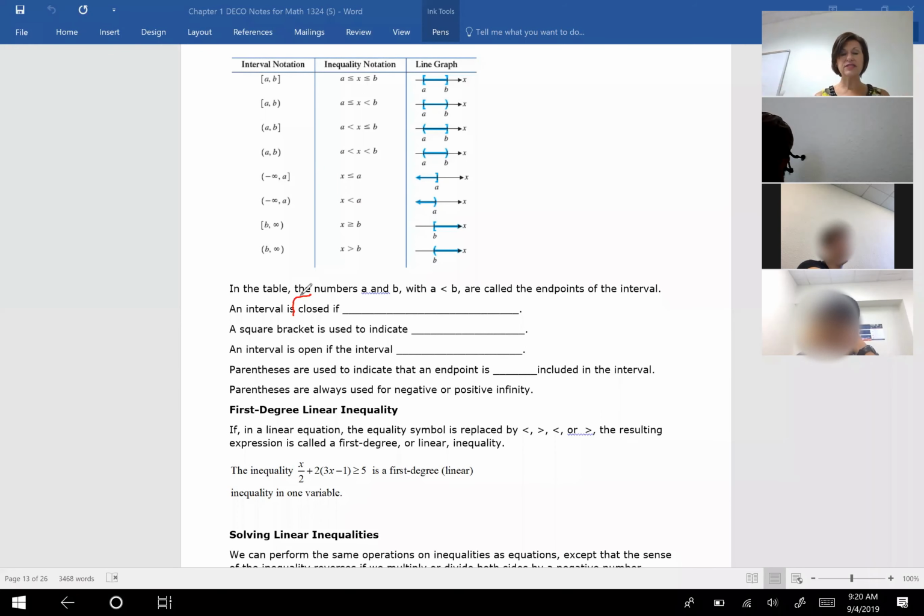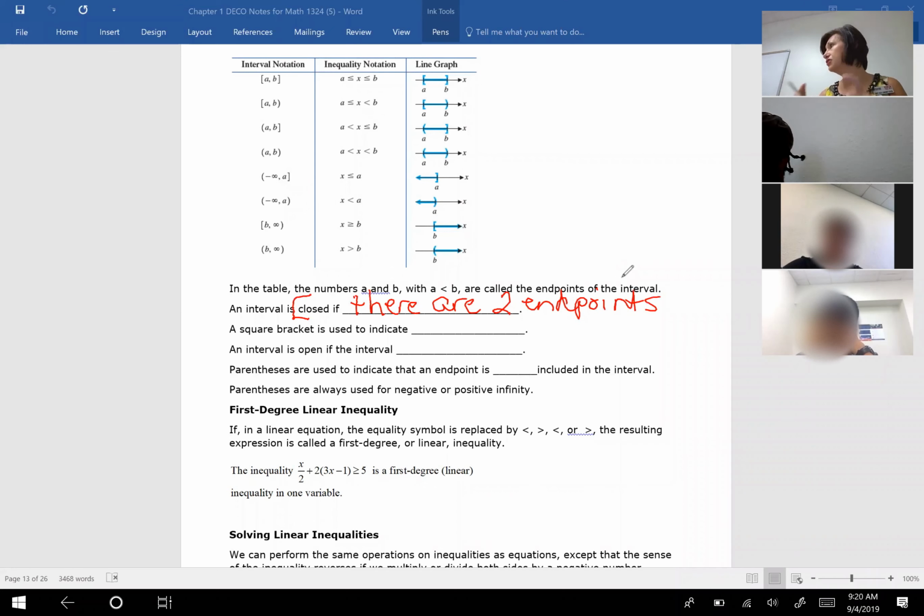And it's closed if what? Yes. Actually, let's put it this way, an interval is closed if there are two endpoints.